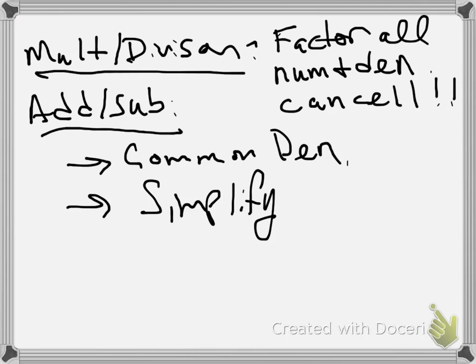The purpose of this slide is just to remind you that how we multiply and divide is going to be fundamentally different than how we add and subtract. So keep that in mind when you go through this module.